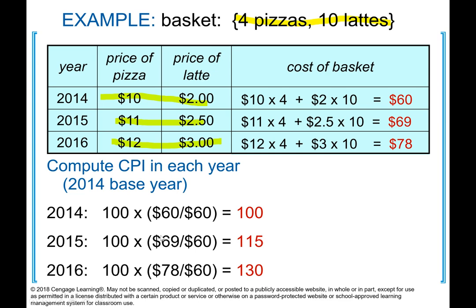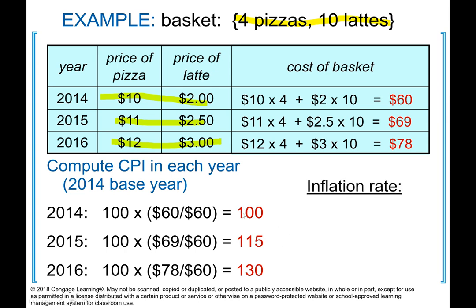In 2015, cost of the basket was 69 divided by 60, 60 is the cost in the base year, times 100. CPI was 115. In 2016, the cost is 78, 78 divided by 60 times 100. CPI is 130.